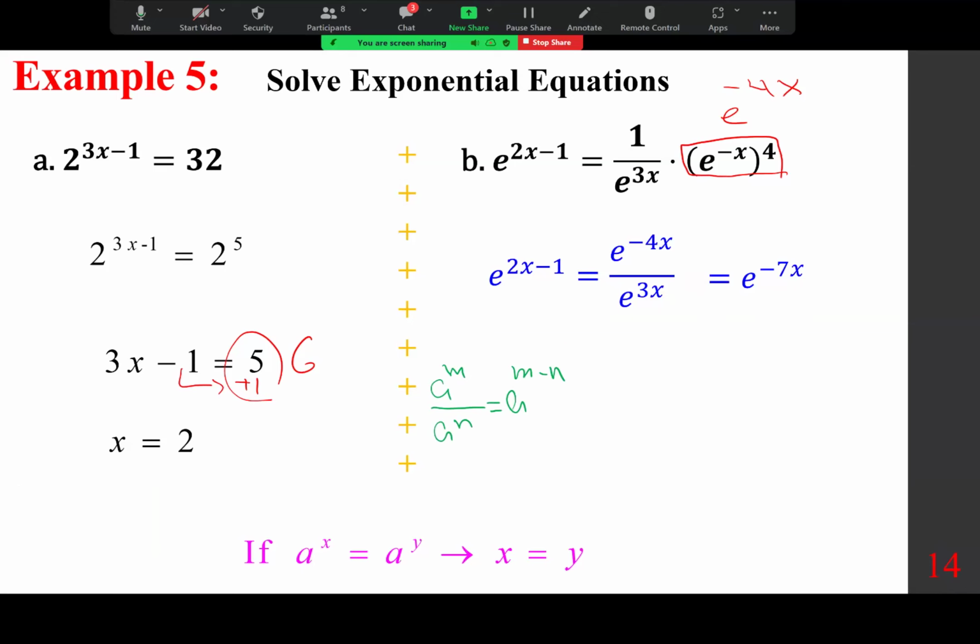So this is minus 4x minus 3x. And so now 2x minus 1 must be equal to minus 7x. 9x equals 1. x is 1 over 9.